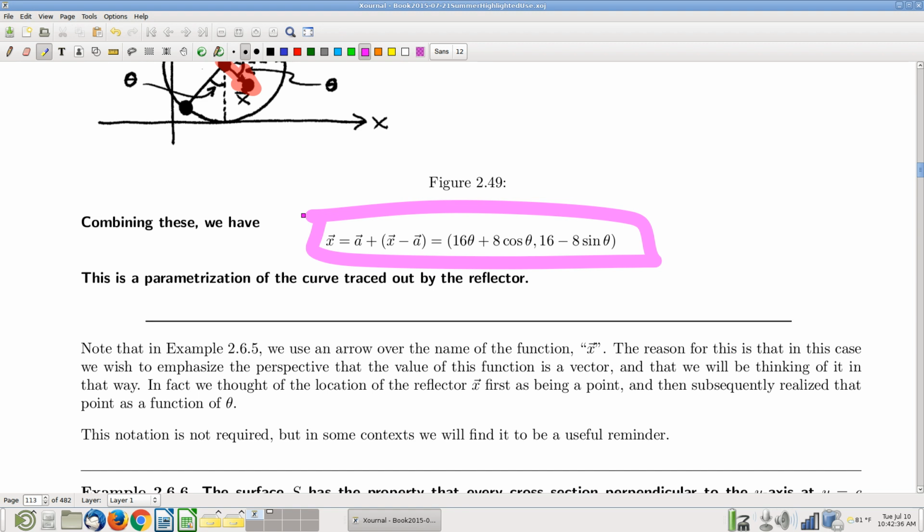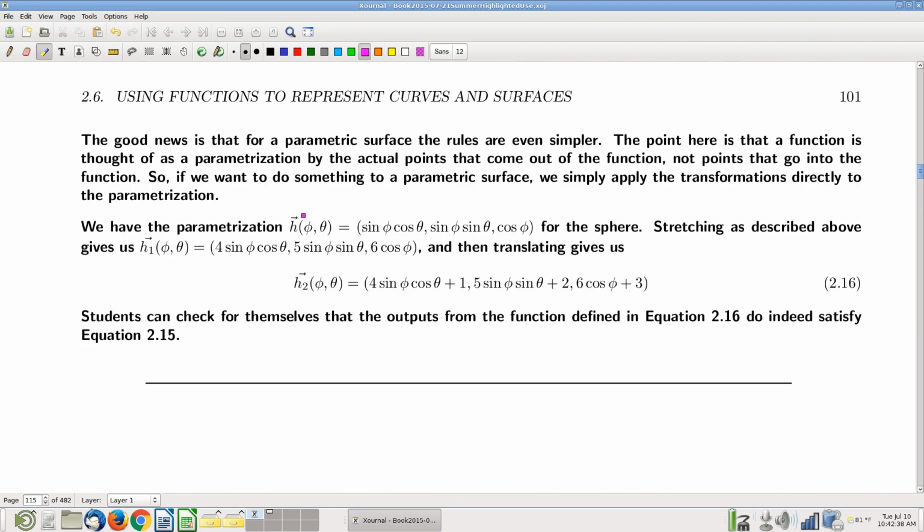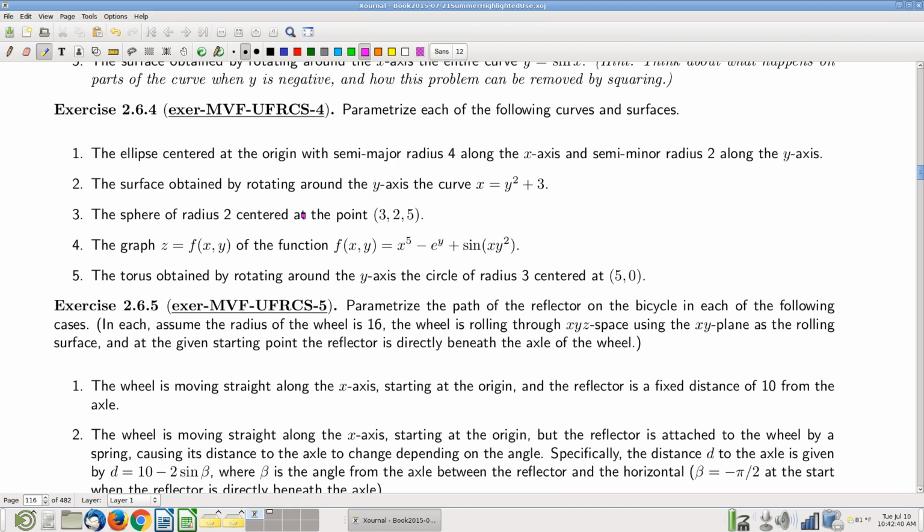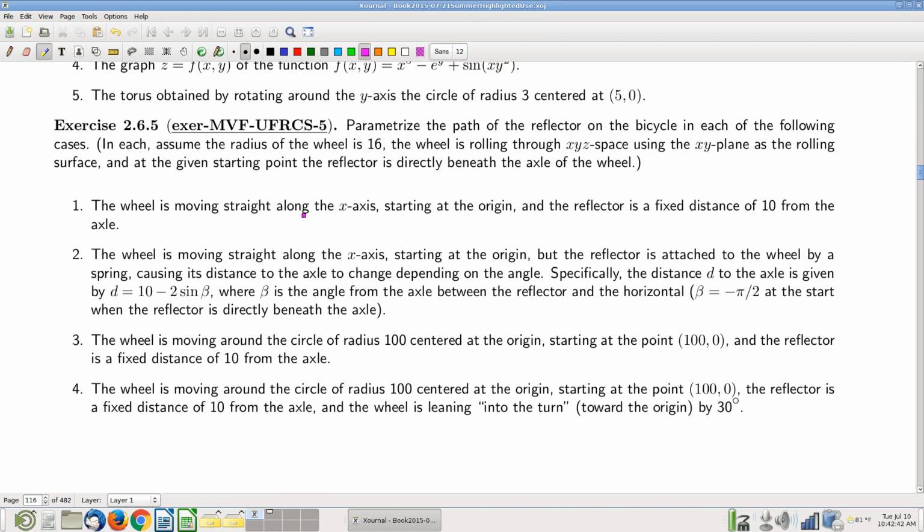So FYI. Let's see if I can find where it is. Yeah, here it is. So we have another path of the reflector on the bicycle, different variations. So what you're going to do is take the ideas that we just talked about and tweak them just a little bit as you go along to get the answers to these 4 different variations.